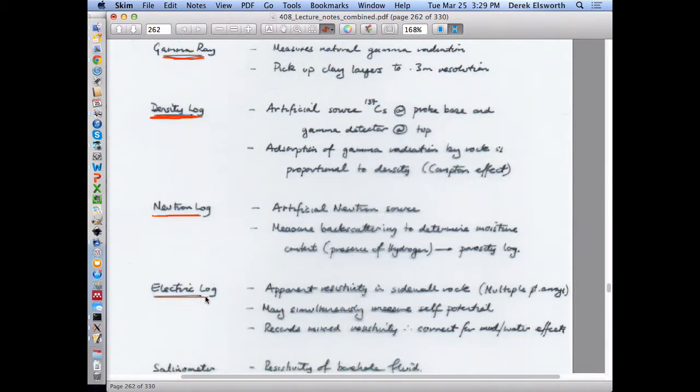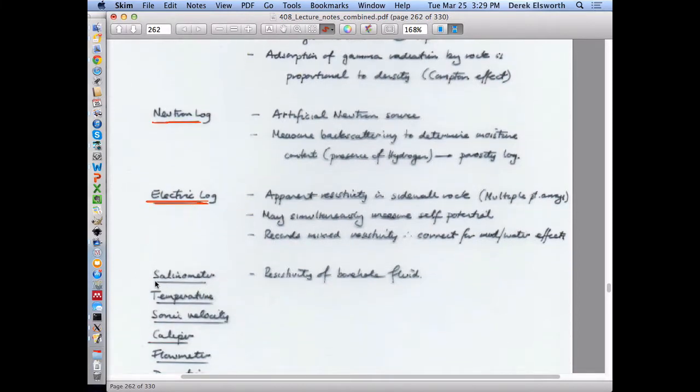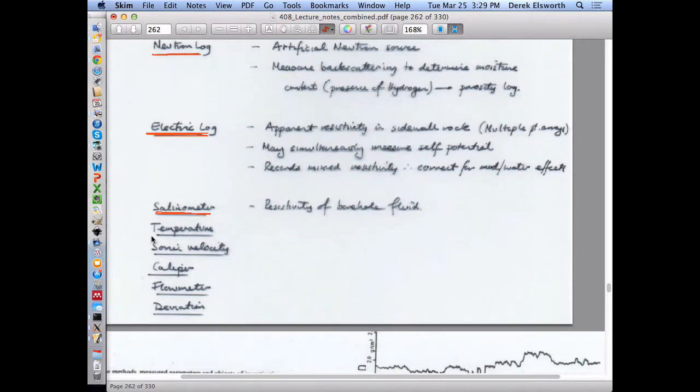It can be used to measure the electrical resistivity of the wall rocks that it goes through to be able to correlate with your electrical resistivity survey from the surface. It can measure the electrical resistivity of the fluids and correlate that with whether they've got salts in them. Measure temperature of the fluids.